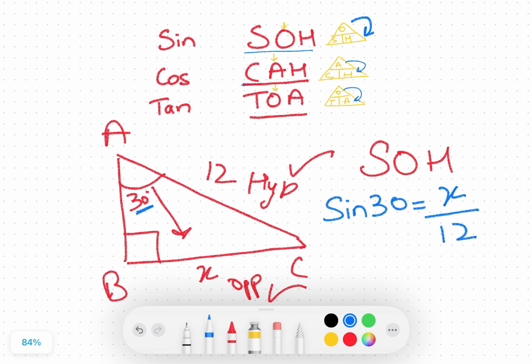I want to know the rearrangement, and because I want to find the opposite, it will be S times H, so that's easy. In my calculator, I'm just going to put in sine 30 times 12, that should be equal to the x, which is the opposite. Now stop the video, look at the question, understand it fully, and tell me if this makes sense.